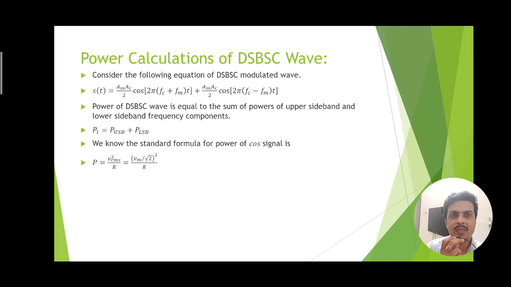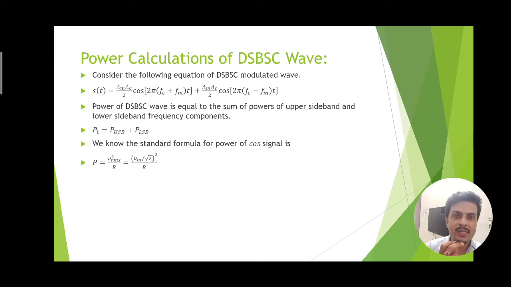The power calculation of the DSB-SC is quite straightforward. s(t) is the DSB-SC signal expression, in which both are cosine signals, so we can easily find the RMS value of the signal for the upper sideband and lower sideband, and if we take the square, we get the normalized power.